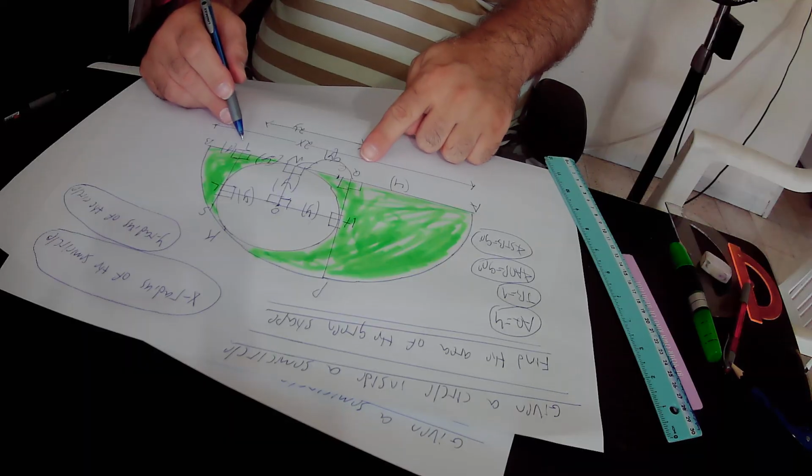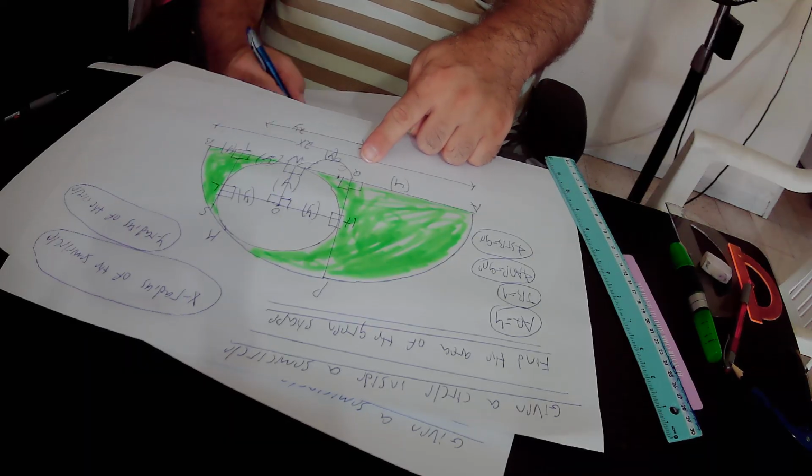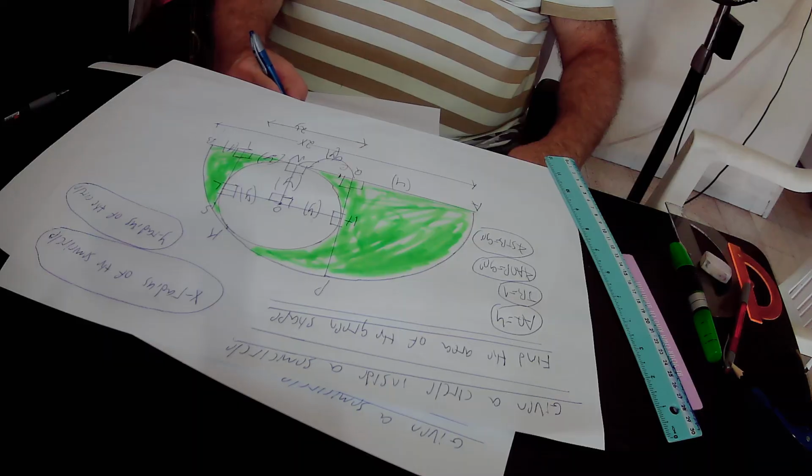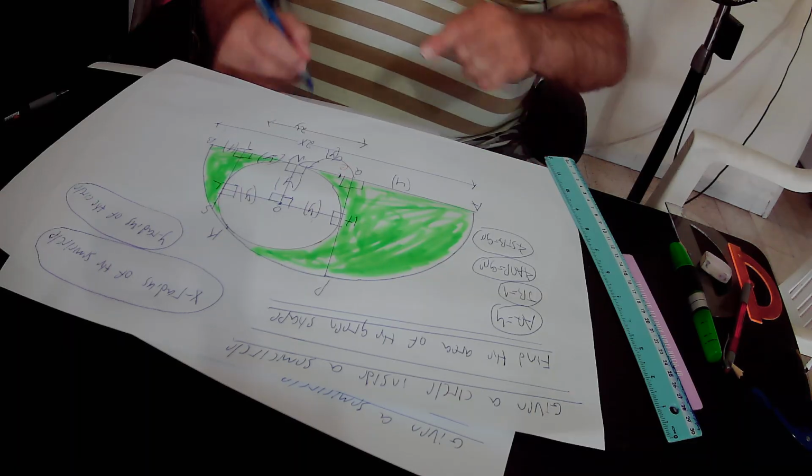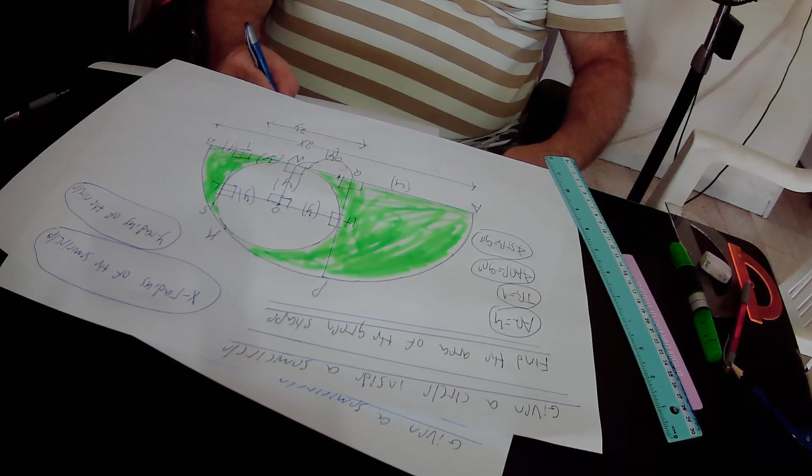We just found out that QT equals 2y, actually it is the diameter of the small circle, plus TB. TB equals 1.